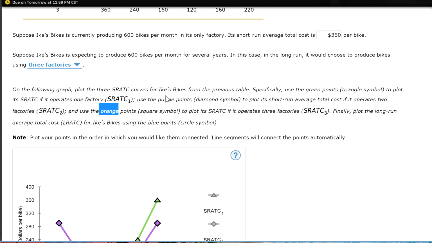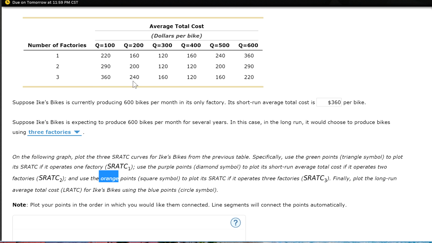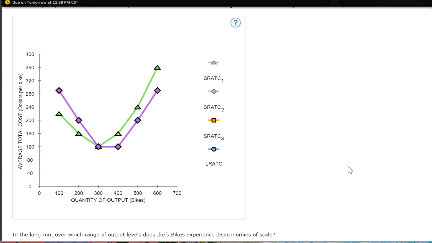The next one is going to be orange for 3 factories. So for 3 factories, 360, 240. 360 is the first one, and then 240 is the next one.